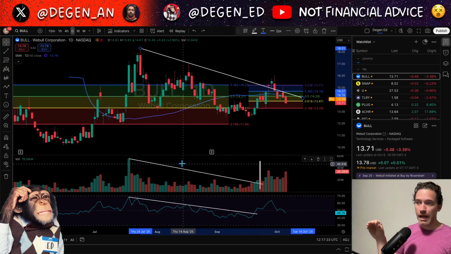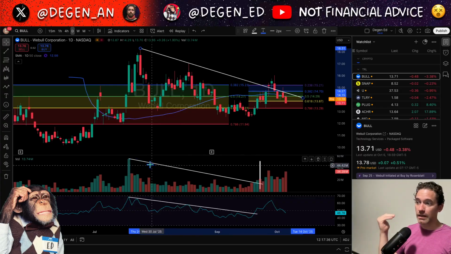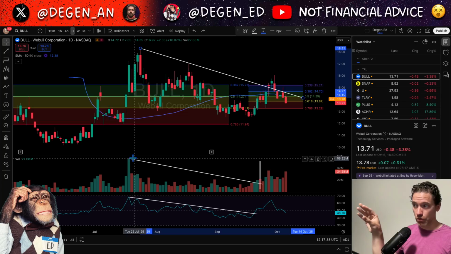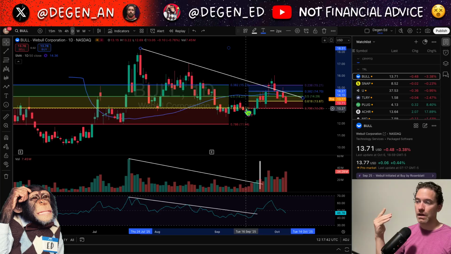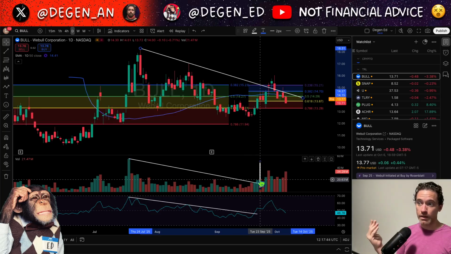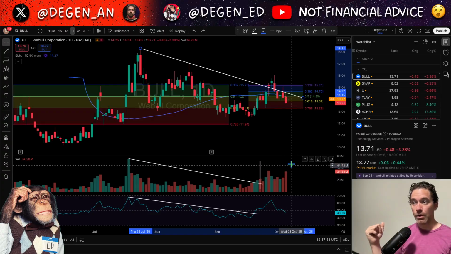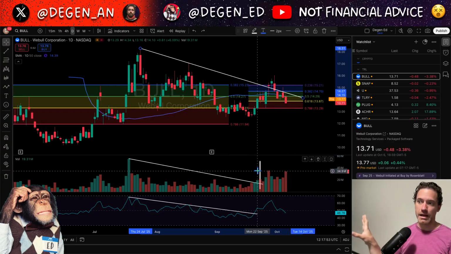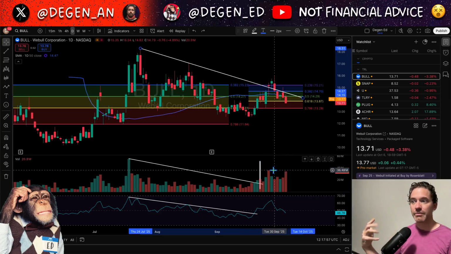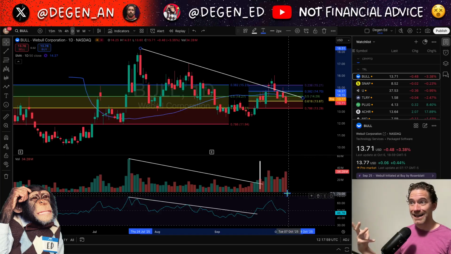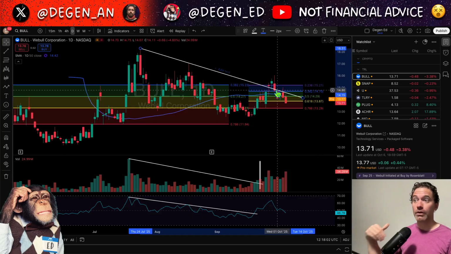Looking at the data over here, from how I've drawn this, we have seen a decrease in volume as it has consolidated. I have this white line drawn here because I wanted to see volume pick up as Webull starts to break out. We did see volume pick up, not as high as I was expecting or hoping, but there has been a lot of effort behind that move, and it hasn't really resulted in breaking out from that downtrend.